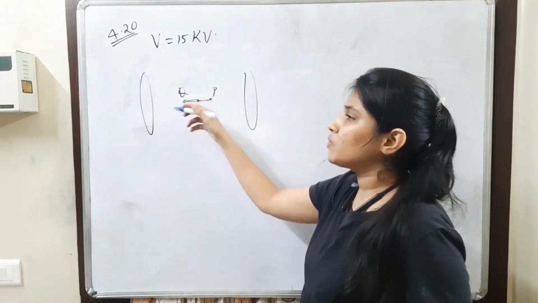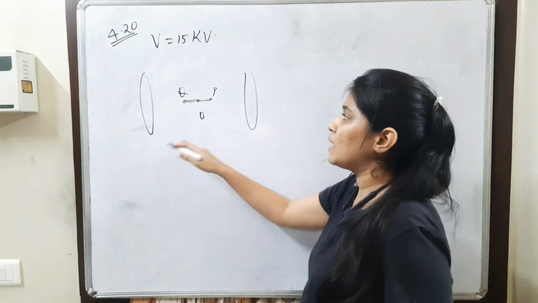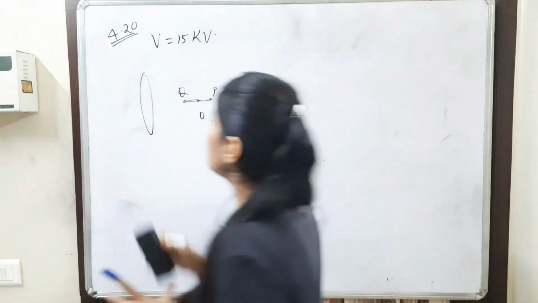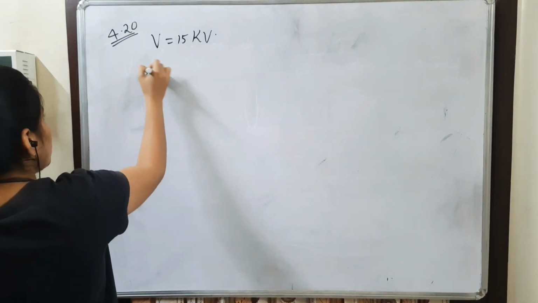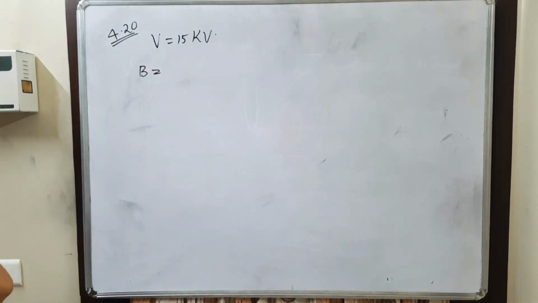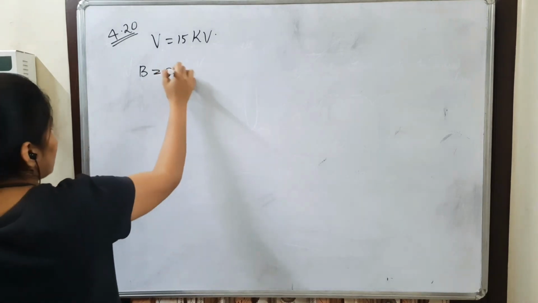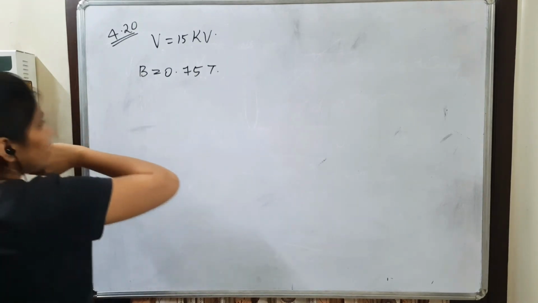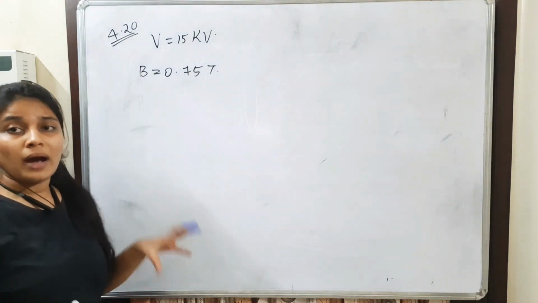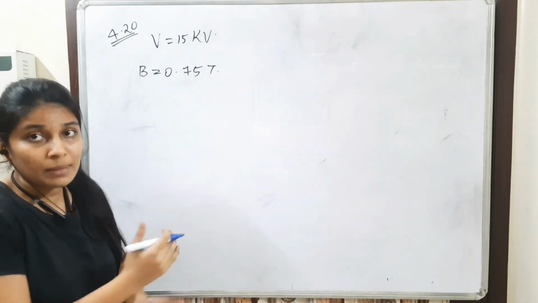So any experiment where you want a uniform magnetic field, you can use Helmholtz coil. So the same thing we are doing here. Okay, and the magnetic field that is created is actually B is equal to 0.75 Tesla, and they have not mentioned which particle is entering, so we have to guess the particle.